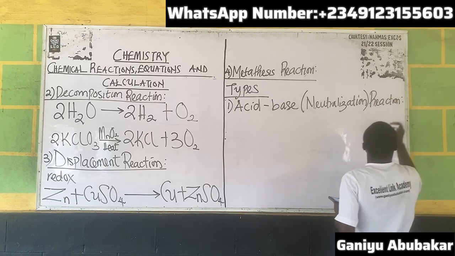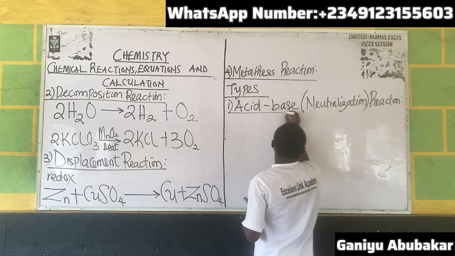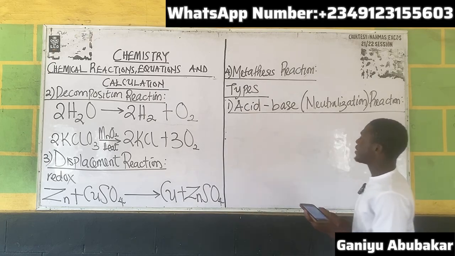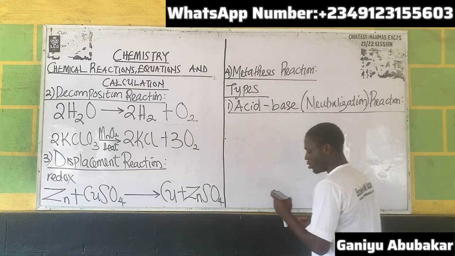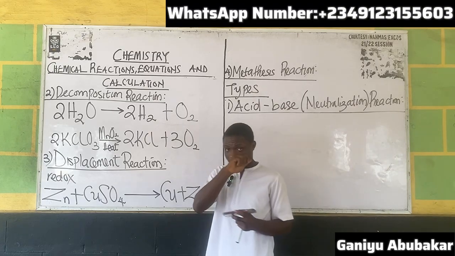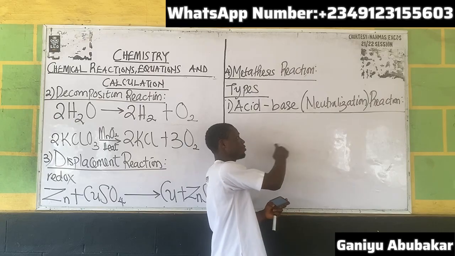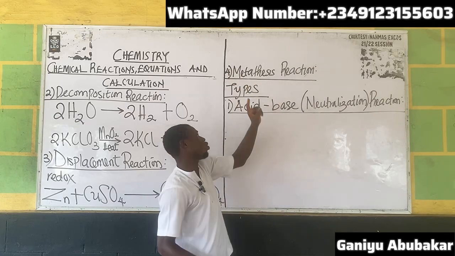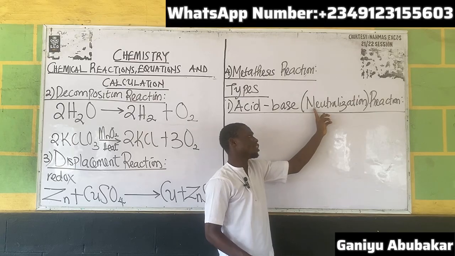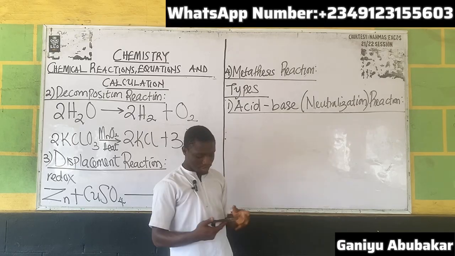This is the first type of metathesis reaction. It's called the acid-base neutralization reaction. Definition, please. When it comes to metathesis, there are two types. The first one is called the acid-base neutralization reaction. Let us define this, please.